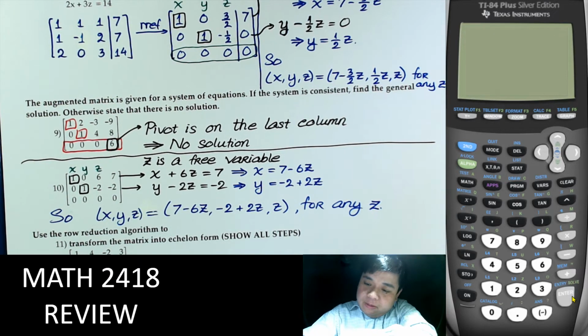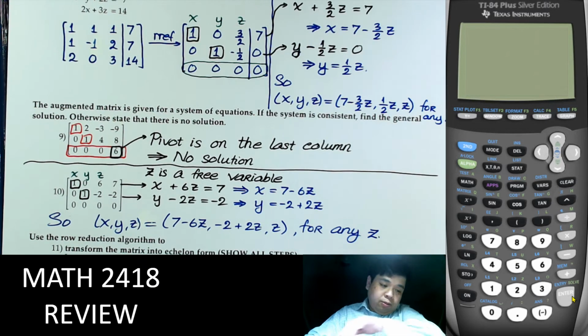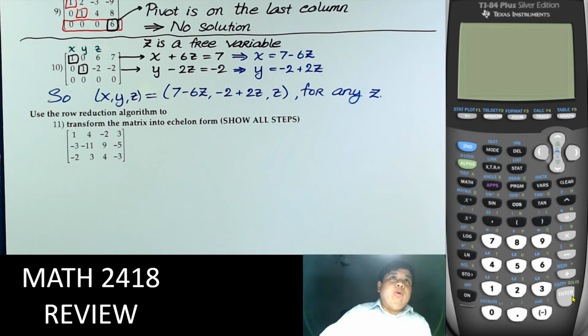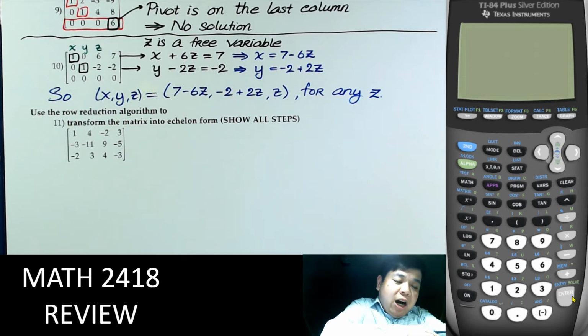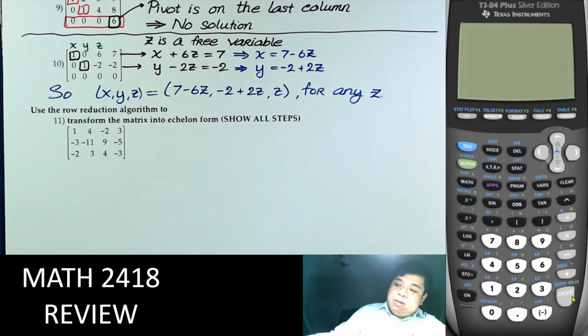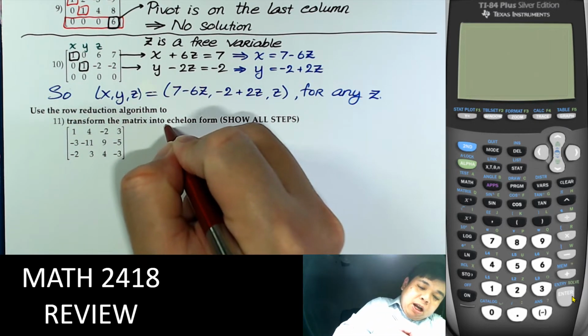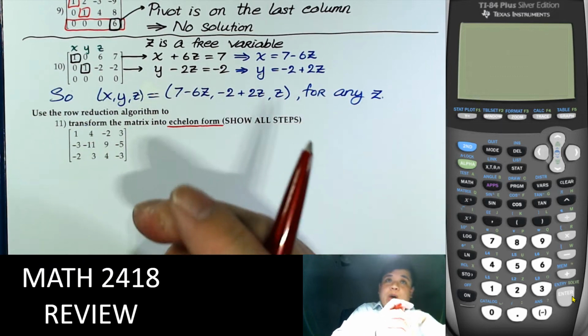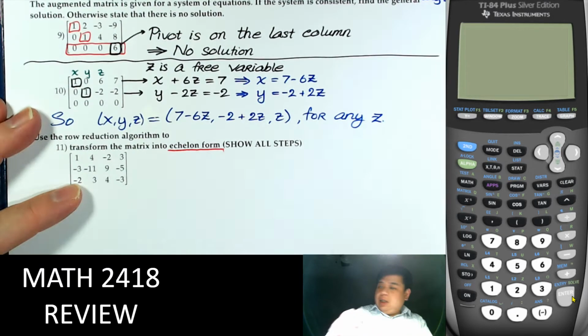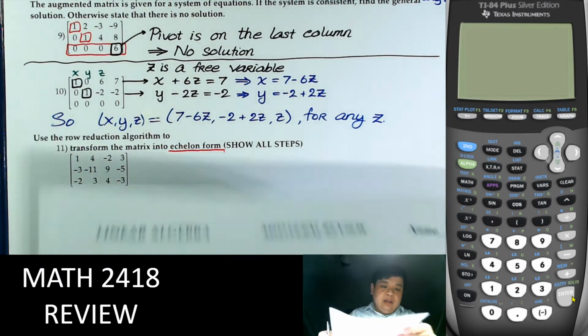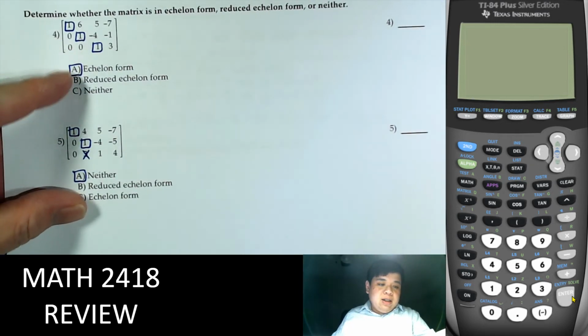Timestamp. Now we have to do this by hand: transform the matrix into echelon form, and we're going to show all the steps. The echelon form, the way the book defines it, is where we have the non-zero entry like that.